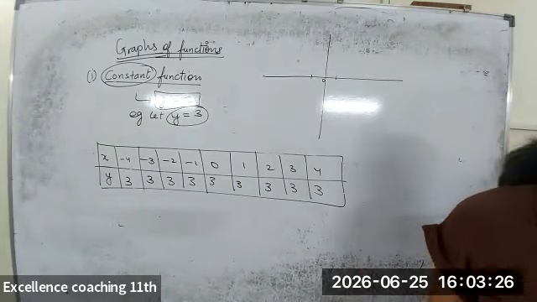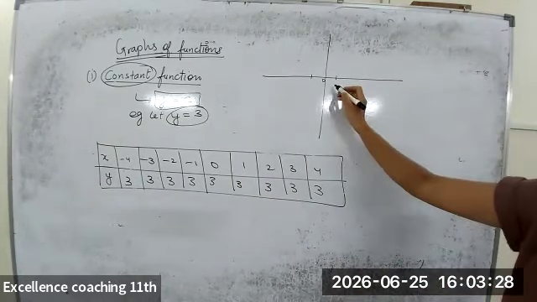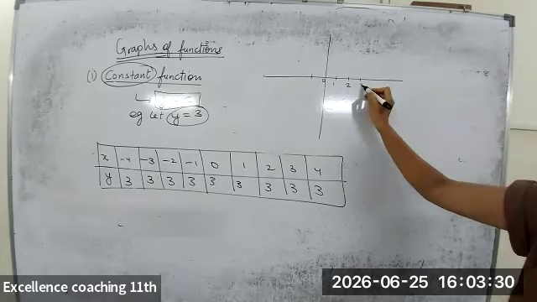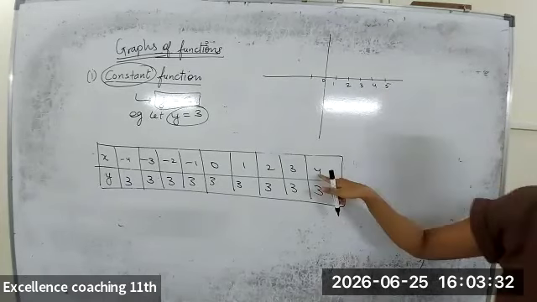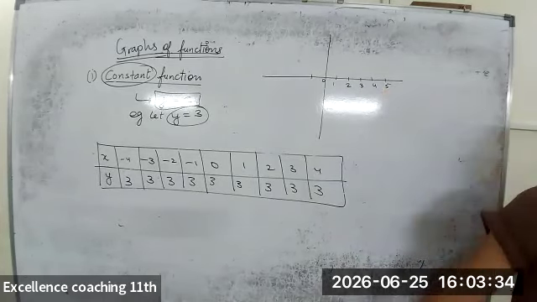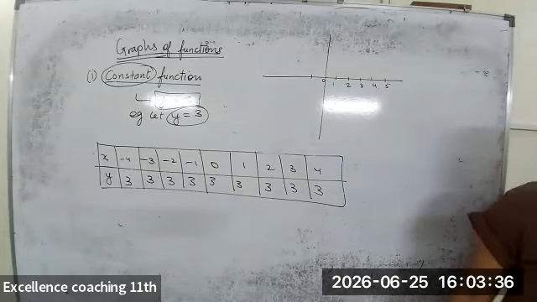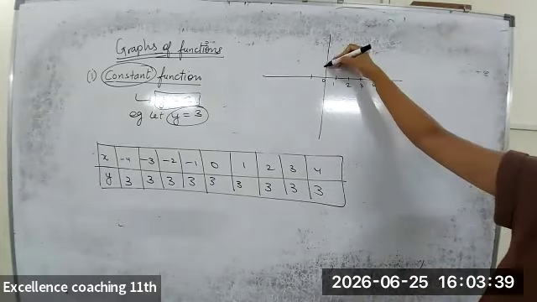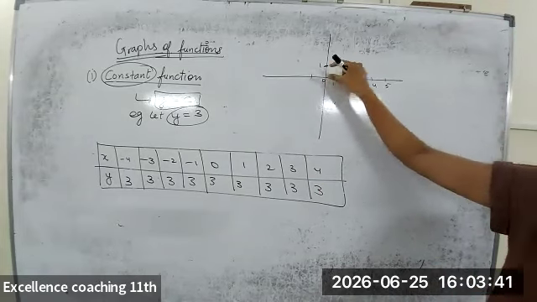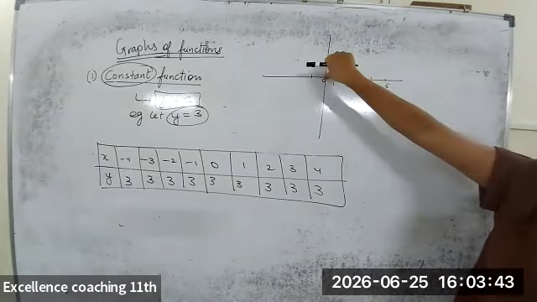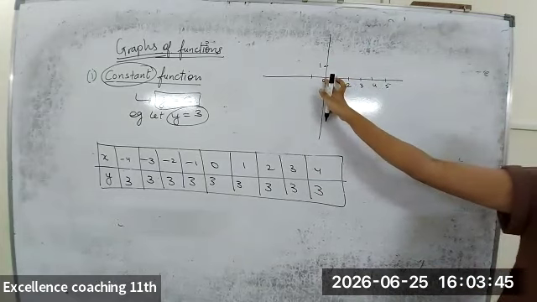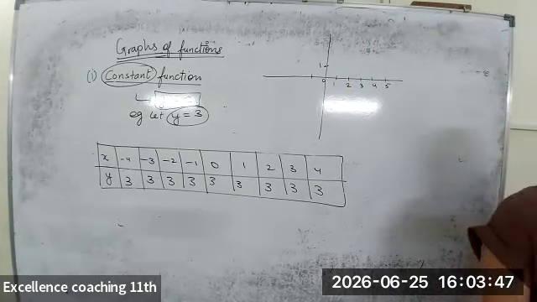Roughly you can draw. 0, 1. Maximum number is 4. So up till 5 only you can do. Don't go to right till 10. And make sure that gap is same. Whatever this much line is there of yours, one line, that same line gap you keep here also. Otherwise, you're okay.